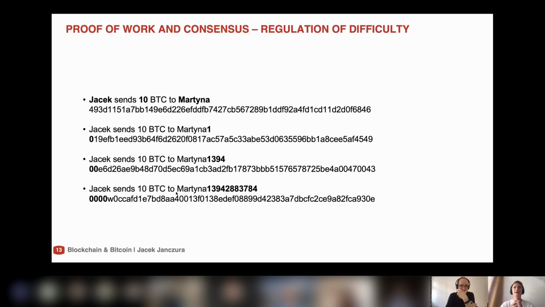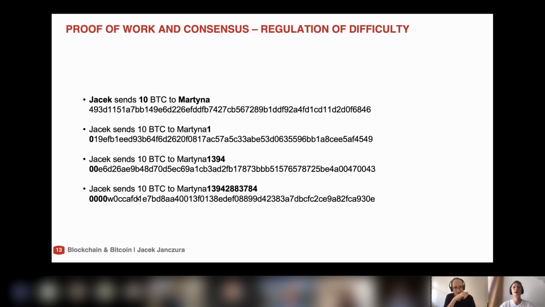And in Bitcoin, there is an algorithm that is evaluating the time that it took peers to create a new block. Based on the hash rate, so the number of hashes the network is guessing, the computational power, it determines the required number of zeros in the hash. So the puzzle is getting more difficult or less difficult.